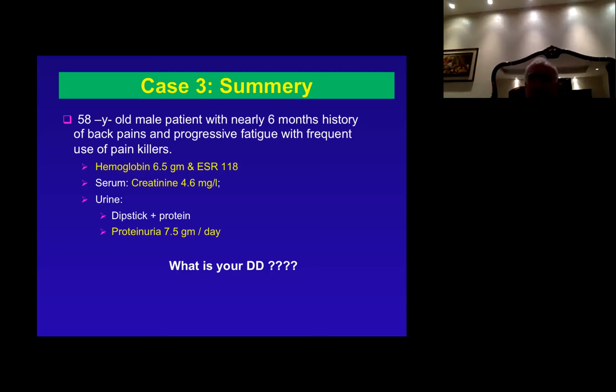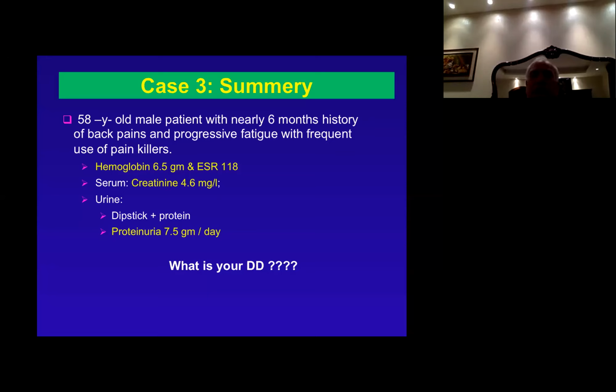So when you see a discrepancy between the dipstick, 1+ or negative, and a heavy proteinuria, think about light chain proteinuria, overproduction, non-albumin proteinuria coming down in the urine.